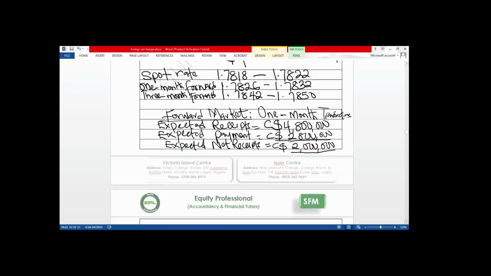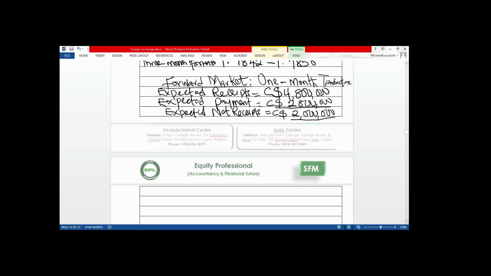Now let's go to this identification. Our company is based in Nigeria. Please listen, guys. We are expecting 2 million C dollar in 1 month's time. That means by the time we receive the dollar amount, we are going to approach our bank.